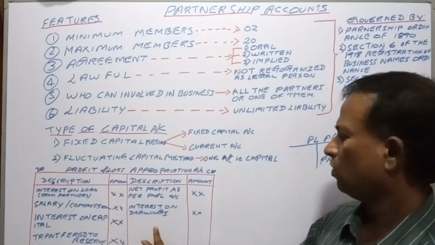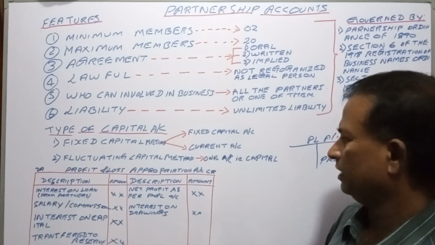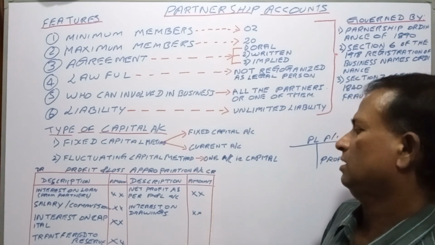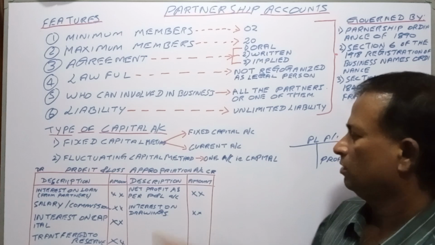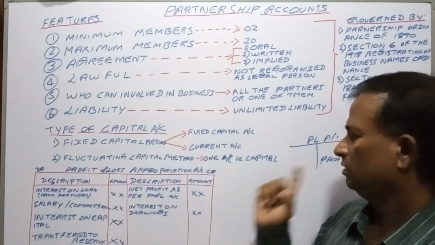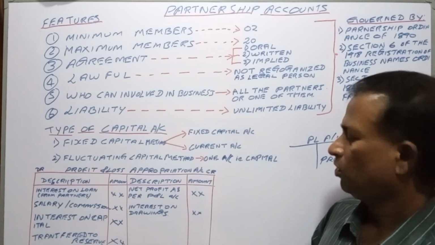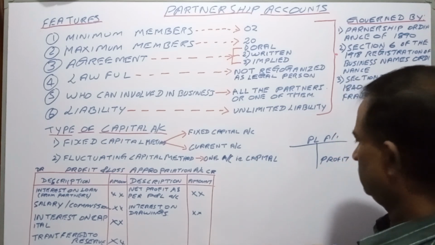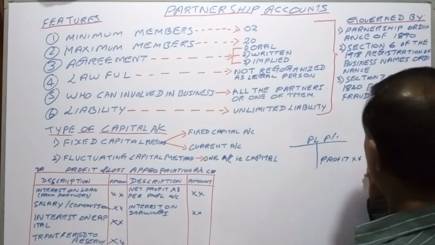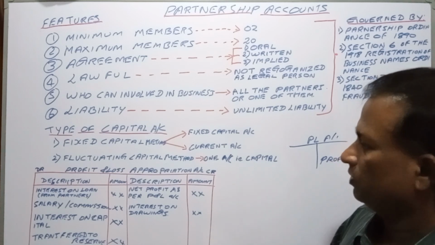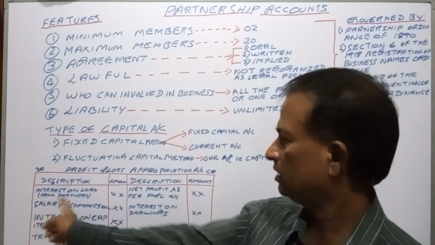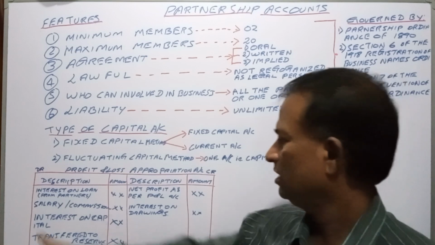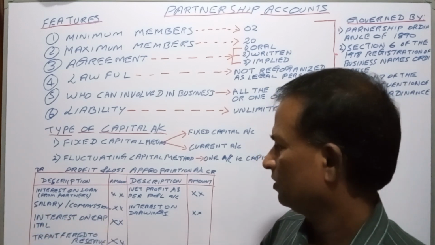That interest on drawings will be shown on the credit side, right? This net profit as per profit and loss we bring from the profit and loss account to here, and then interest on loan from partners, salaries and commission, and interest on capital account, right?